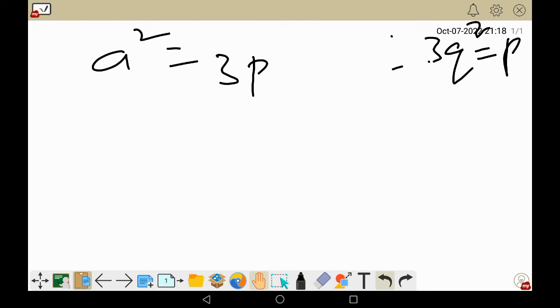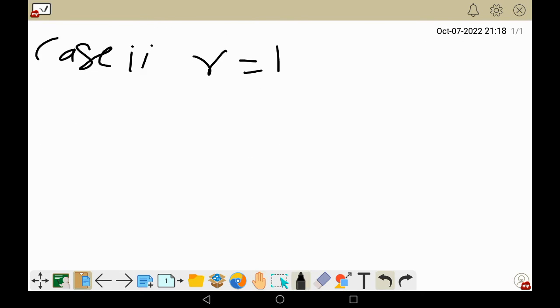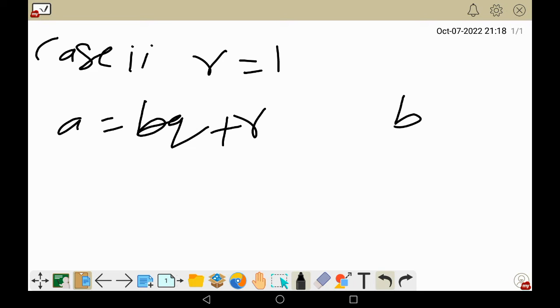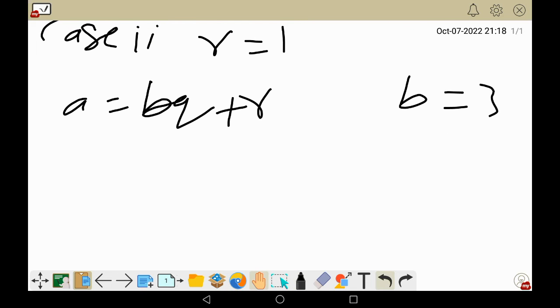Next we are going to solve case 2. Case 2, R is equal to 1. We know that the division lemma equation is A is equal to BQ plus R and the value of B is equal to 3. Substituting the values of R and B in the above equation, A is equal to 3q plus 1.